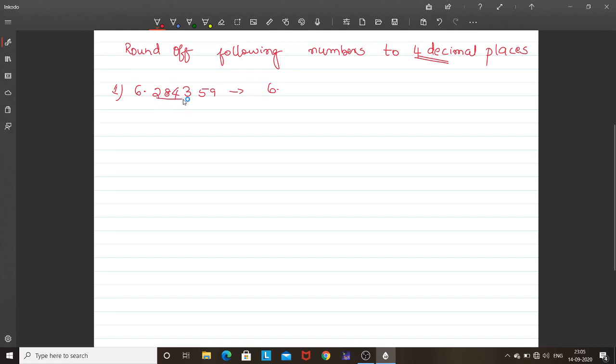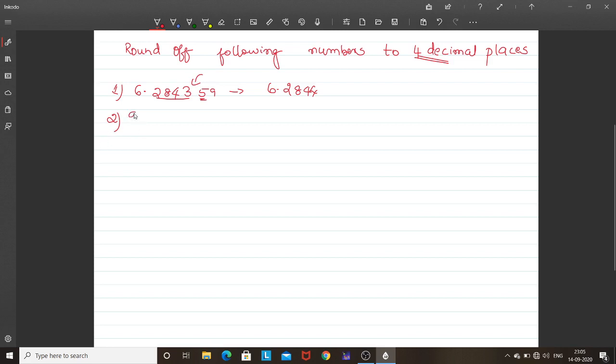I can write 3 digits without any fear. When writing the 4th digit, I have to follow some rules. Here you have 5, so you add 1, and it becomes 4 here, 6.2844.